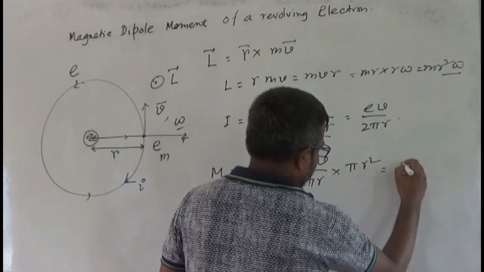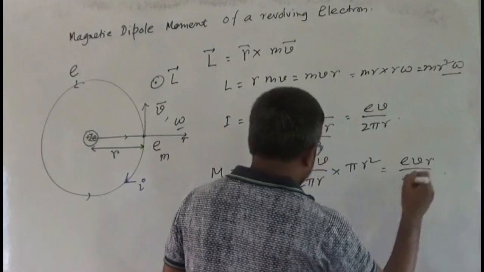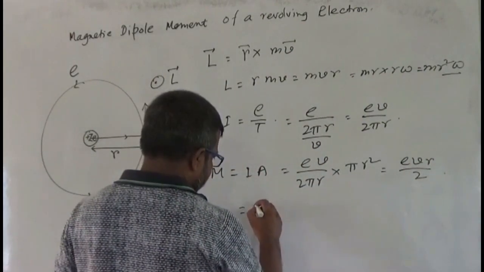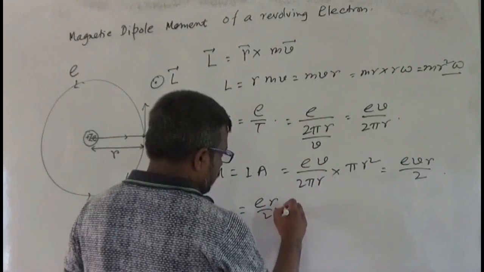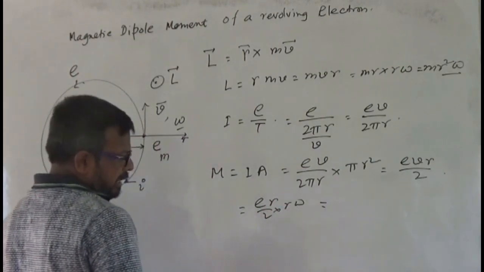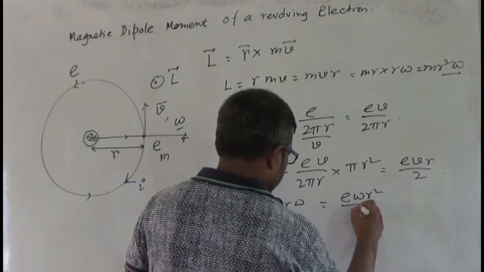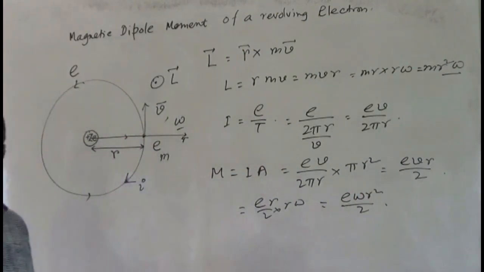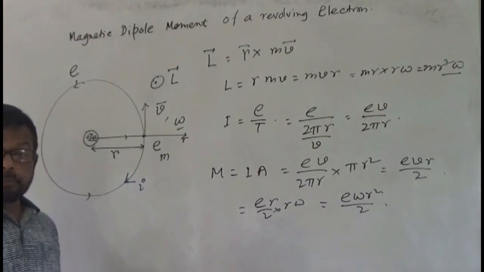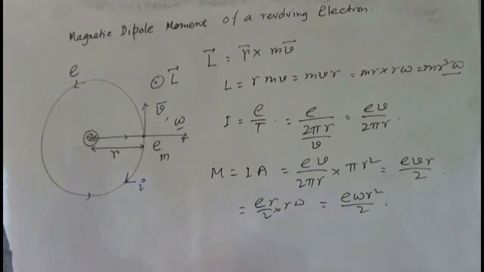From here you can write evr by 2, or you may write this as er by 2 into r omega, since v is r omega. From here you can write e omega r square by 2 also. This is the magnetic dipole moment of an electron.